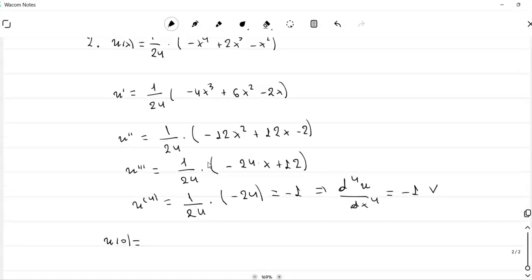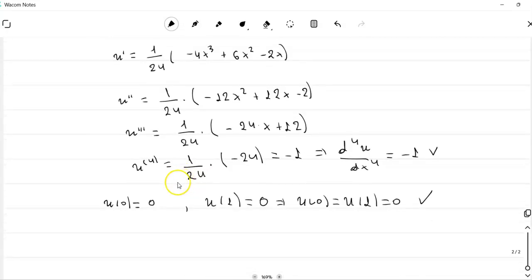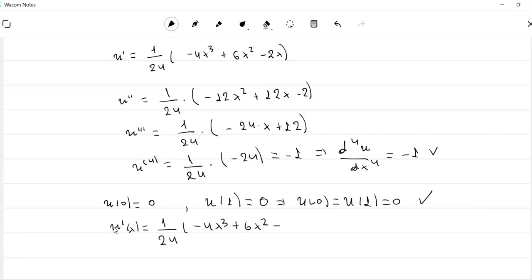Now let's check the boundary conditions. u of 0 is equal to 0, u of 1, if I substitute, is equal to 0, so u of 0 equals u of 1 equals 0. The homogeneous Dirichlet boundary conditions are satisfied. Now let's take u prime of x, which is 1 over 24 times minus 4x cubed plus 6x squared minus 2x.